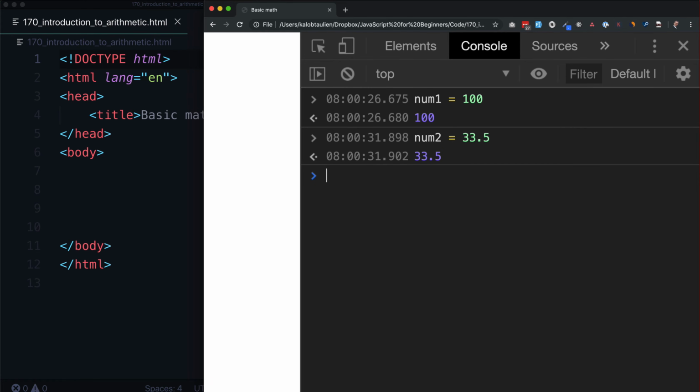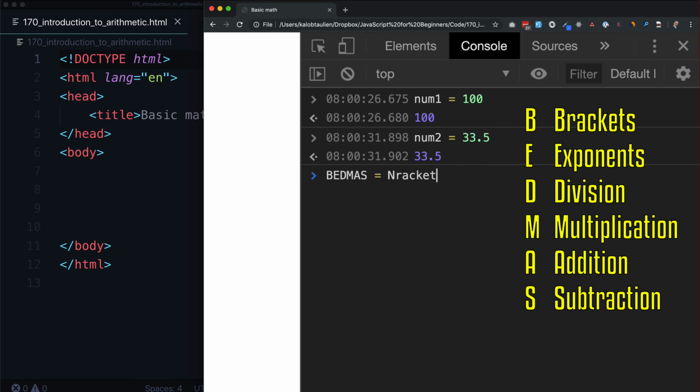Now, there's one rule when you are working with larger formulas. You also want to keep in mind the rule of BEDMAS, and it's actually a different acronym for several different areas of the world, but the way I remember it is BEDMAS. You have brackets, exponents, division, and then multiplication, and then addition slash subtraction, whichever comes first.